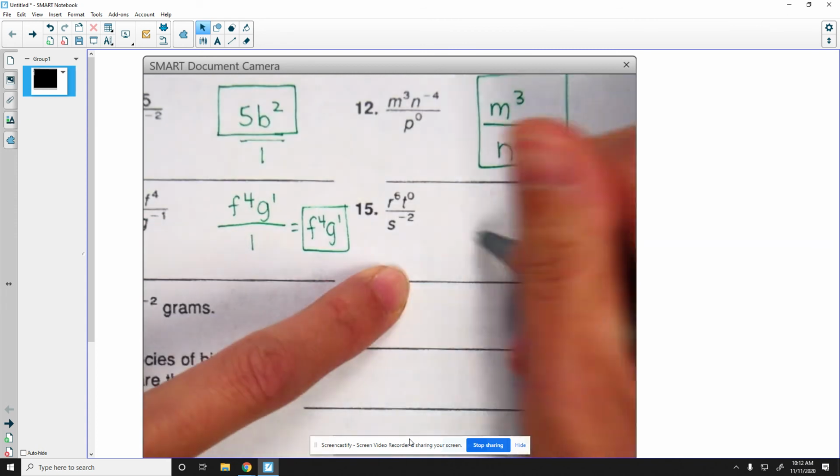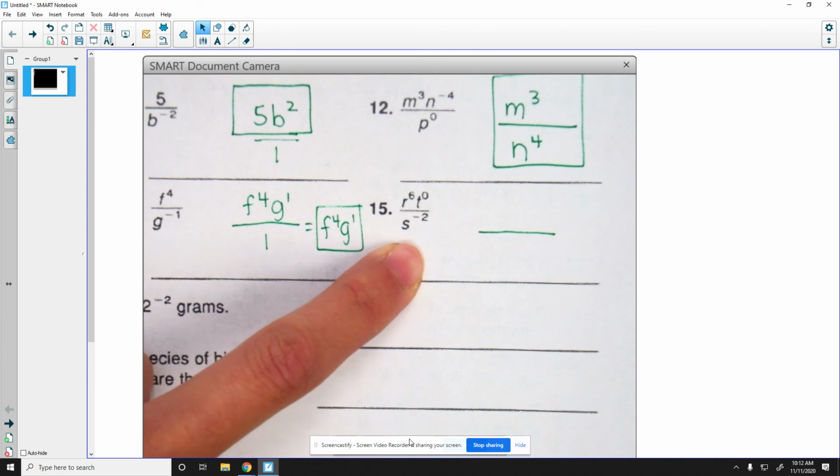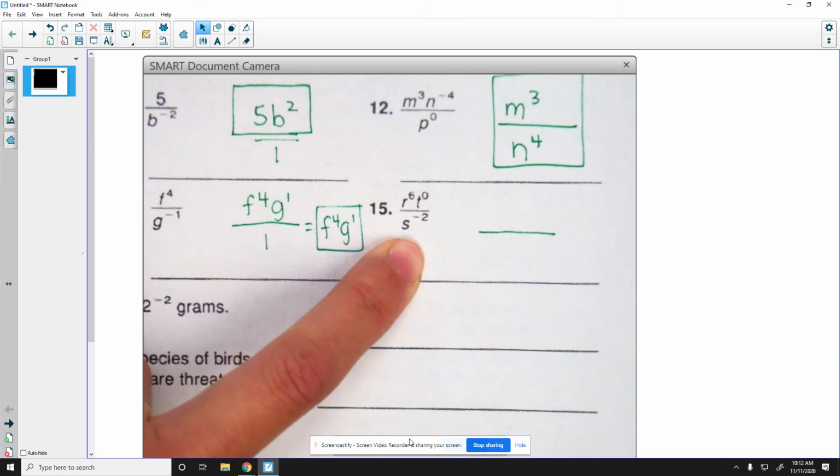Okay, number 15, try it. Somebody different? Do you think you have this one? Owen, what do you think?